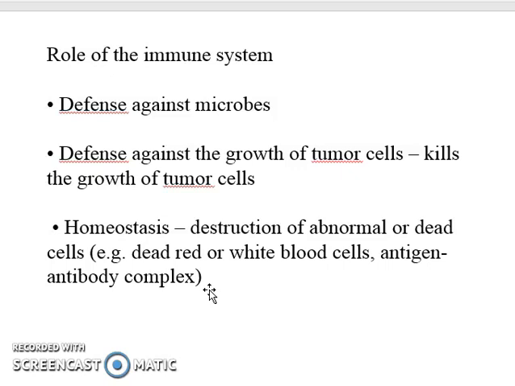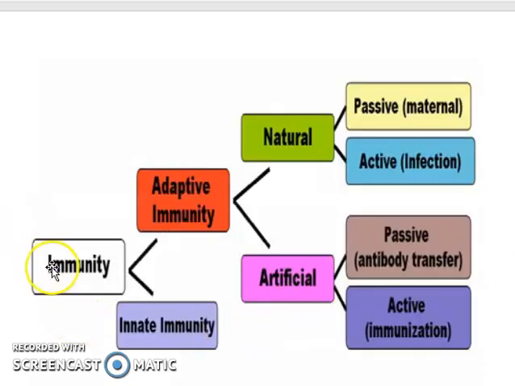The immune system kills the growth of tumor cells, and it also plays a role in homeostasis, in which abnormal or dead cells, for example dead red or white blood cells, and antigen-antibody complexes are cleared by the immune system. Basically, immunity is divided into two types.